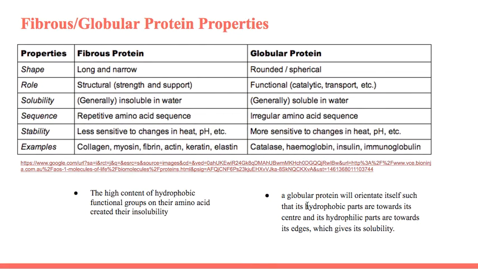And globular is when the hydrophobic groups are centered towards the center, surrounded by the hydrophilic parts, which is more sensitive to change, and it's most likely soluble in water.